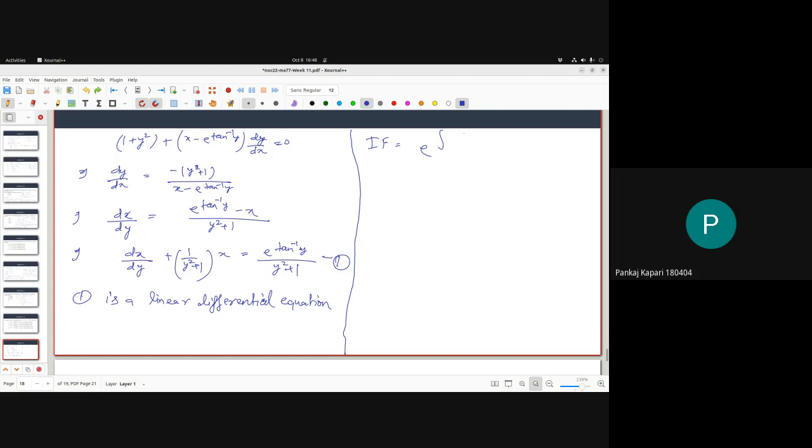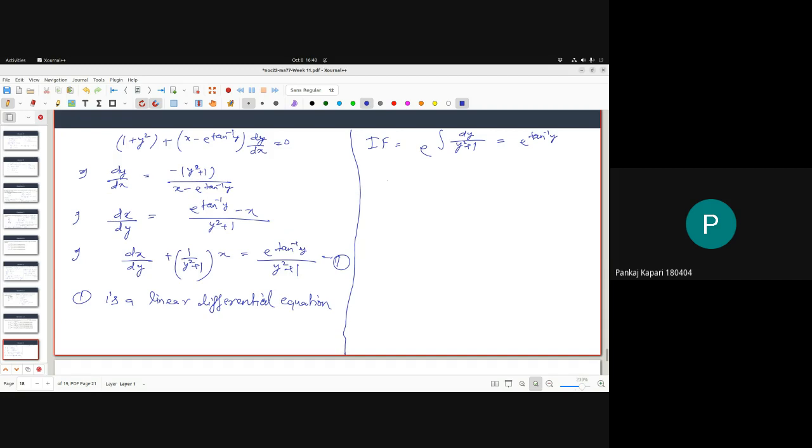So what is the coefficient of x? It is 1 over y square plus 1, and you have to integrate this with respect to y. This turns out to be e to the power tan inverse y, right? Because the integral of 1 over y square plus 1 is tan inverse y. So this is our integrating factor.